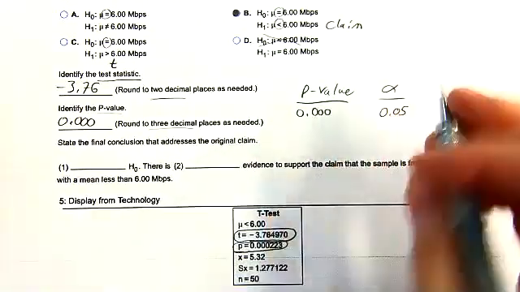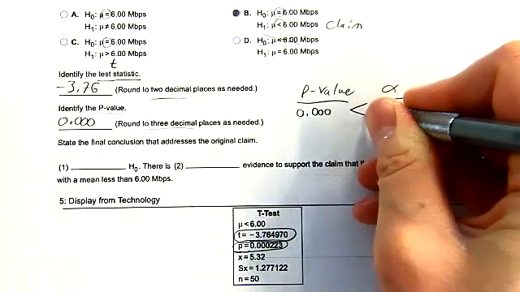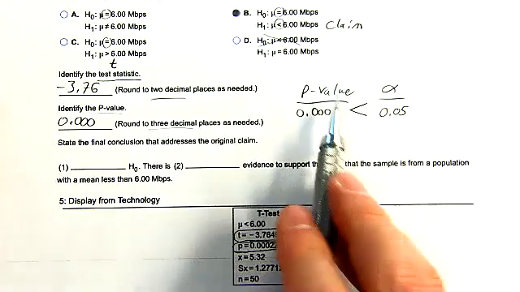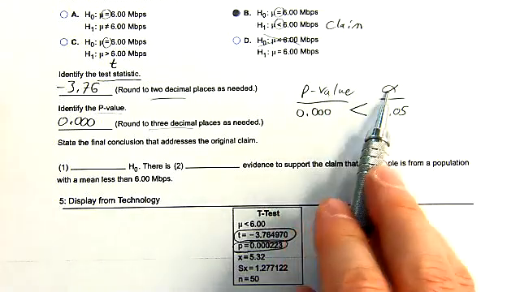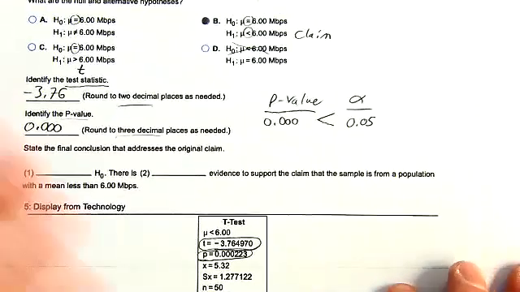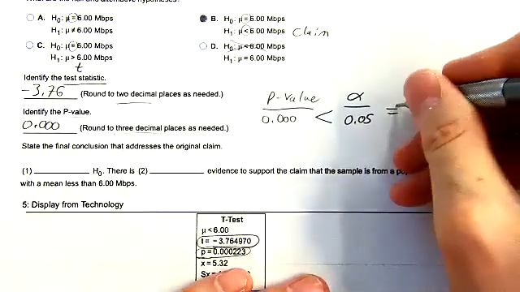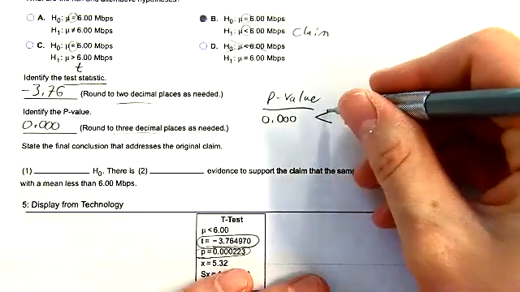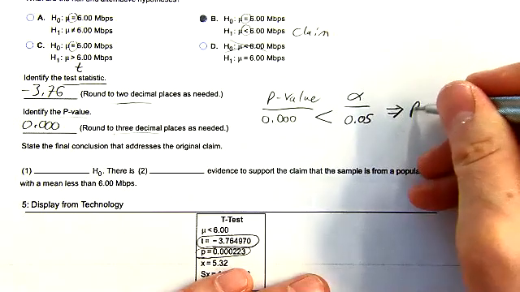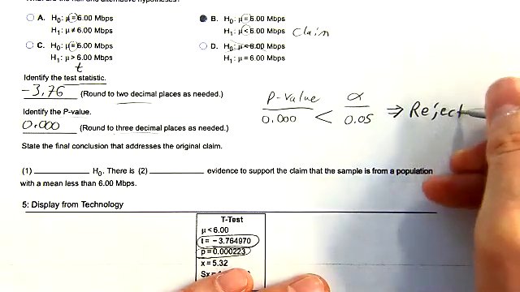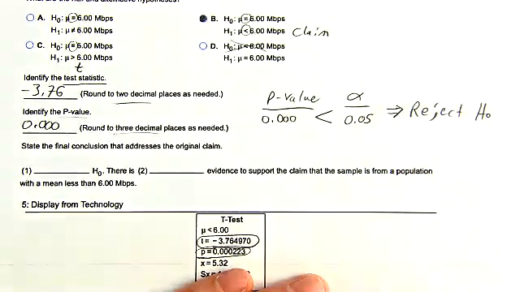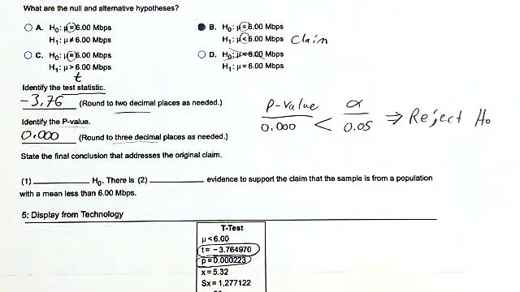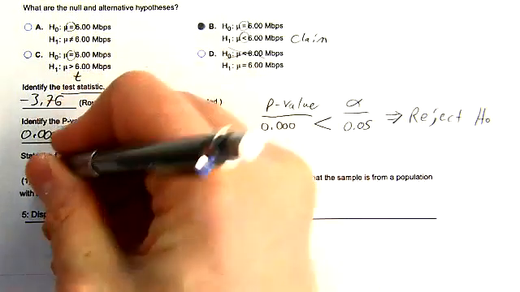And 0.05 is bigger than 0, so this is a bigger than symbol. Whenever the p-value is smaller than alpha, we always said, so this goes back to 8.1, and we built a little table for this, if it's less than, then you always reject H0. So we are going to reject H0.